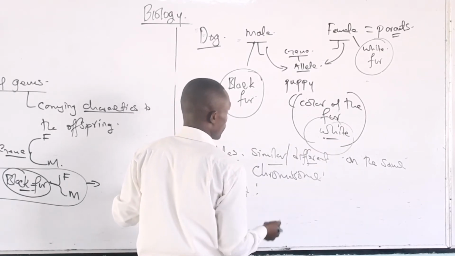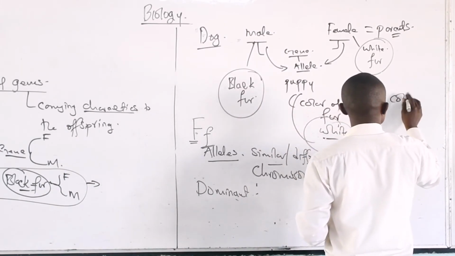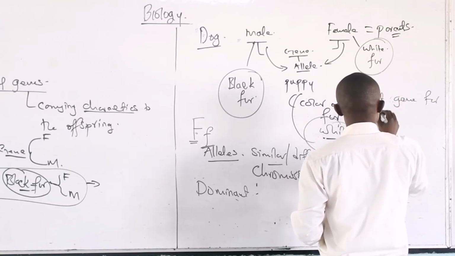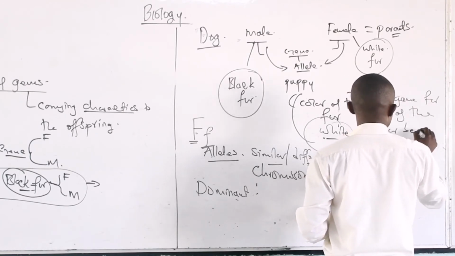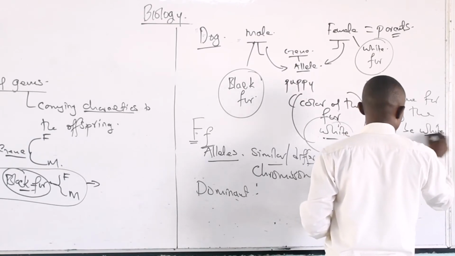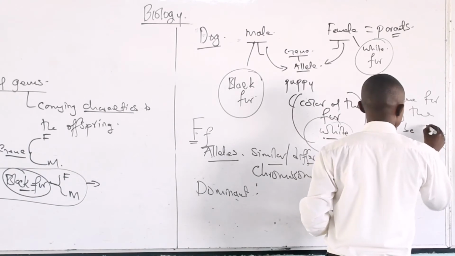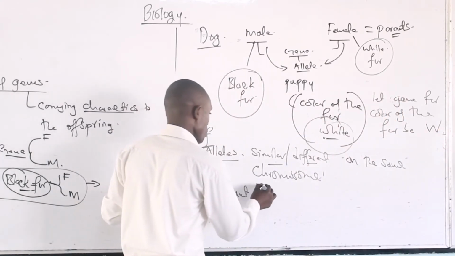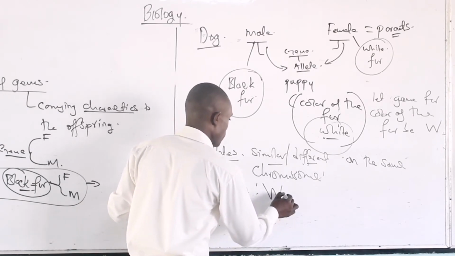We can simply say, let the gene for color of the fur be W. So what does that mean? That the dominant will be capital W, then the recessive will be small w.